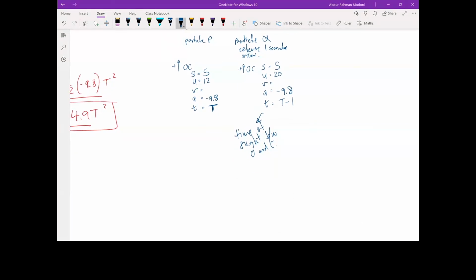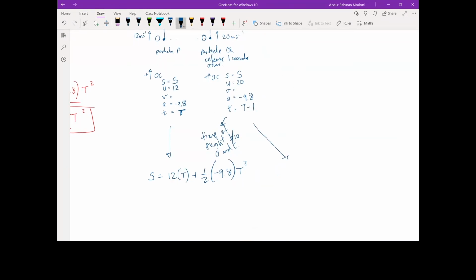For particle P, we're going to use SUVAT: S equals UT plus half AT squared. I'm going to go straight into the equation and substitution. S, which we don't know, equals U, 12, times T, which for this one is the uppercase T, plus half acceleration, minus 9.8, T squared.